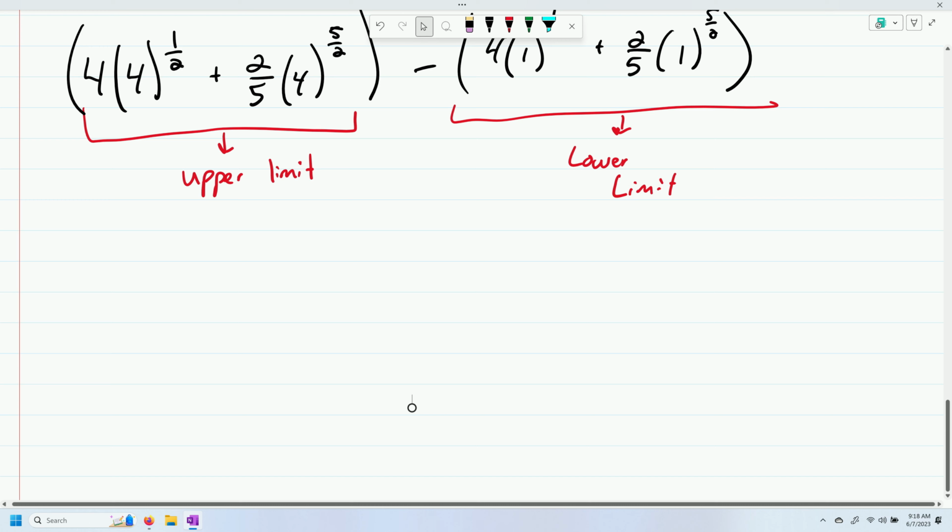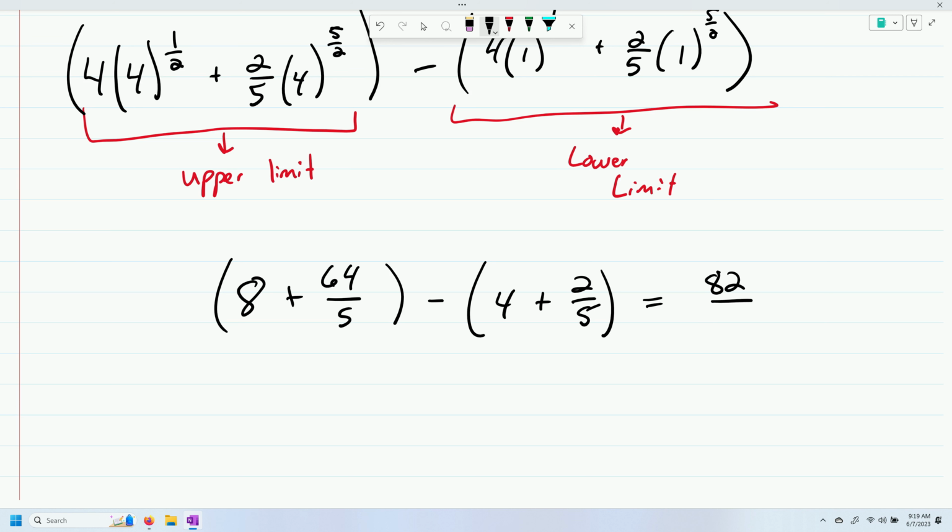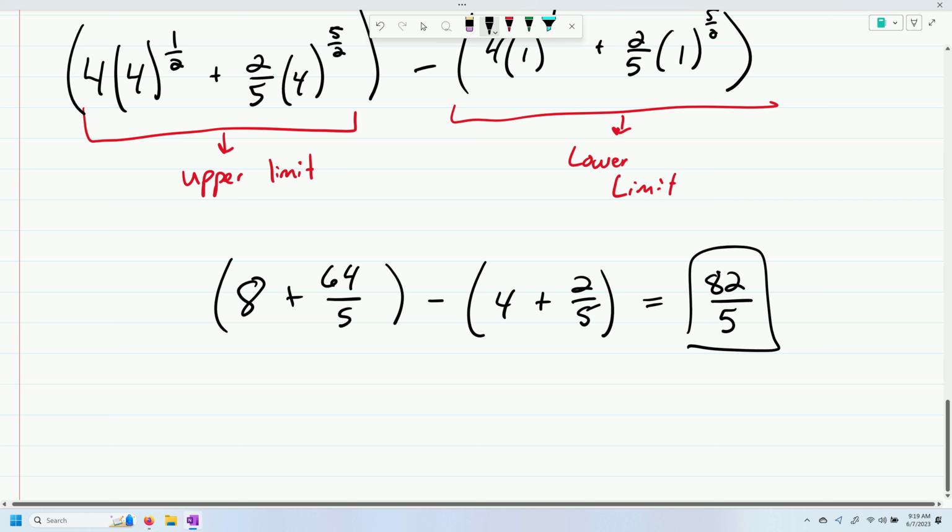And then just to simplify it a little bit further, we end up with 8 plus 64 over 5 minus 4 plus 2 over 5. And when you find a common denominator, you simplify everything. You end up getting 82 over 5 for a final result.